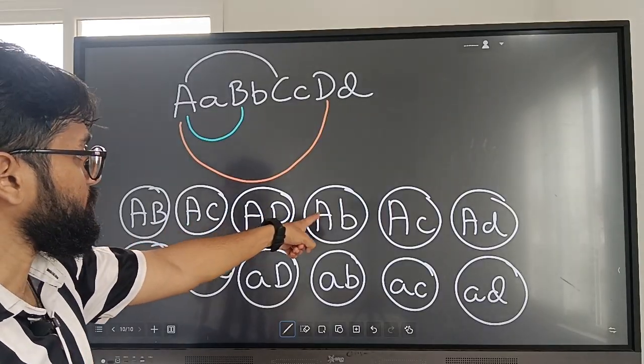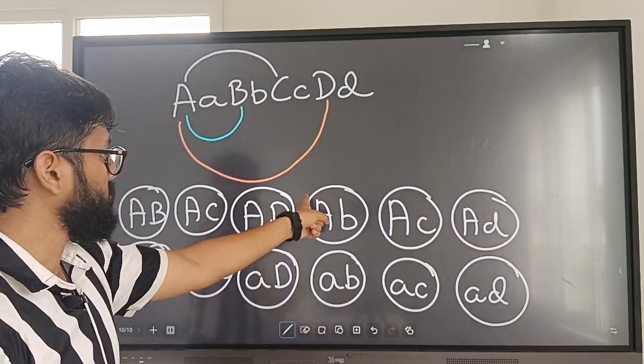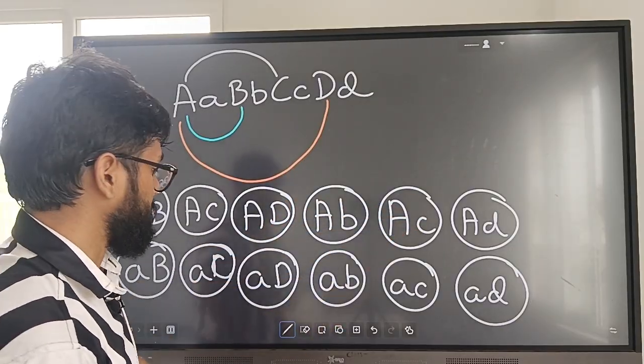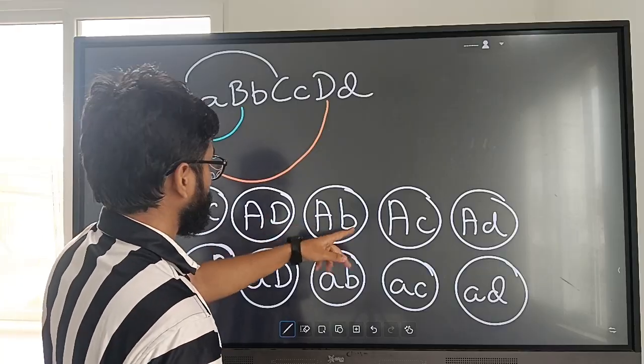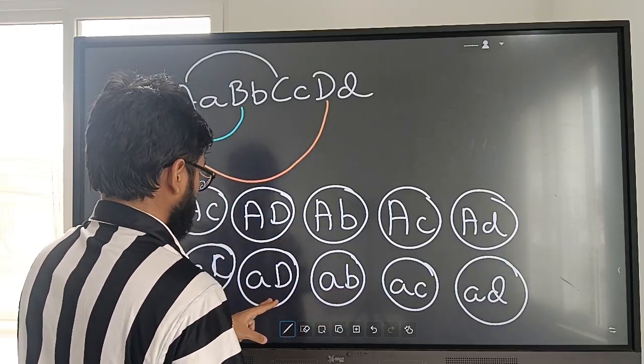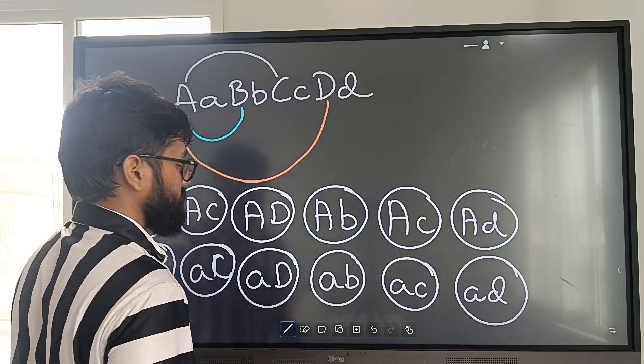How many did you get? You got 16 types, right? 8 types. 3, 4, 5, 6, 12 types. Yes, you got 12.